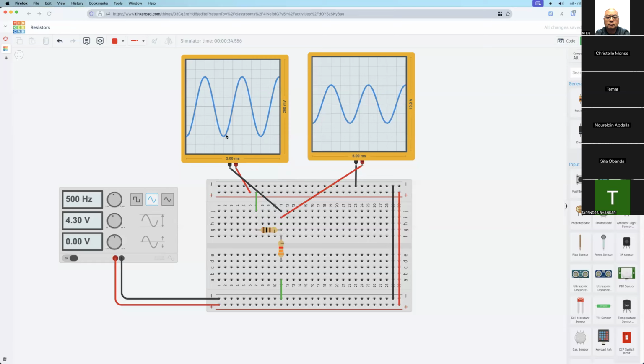So we also need to count the division numbers. This maybe is 0.1. Then let me count: 1, 2, 3, 4, 5, 6, right? Then almost 6.2, 6.2 divisions.